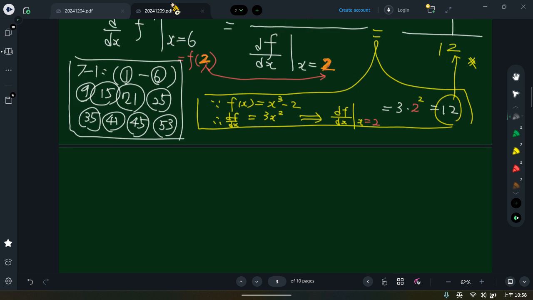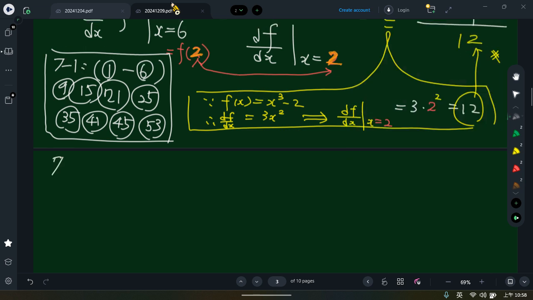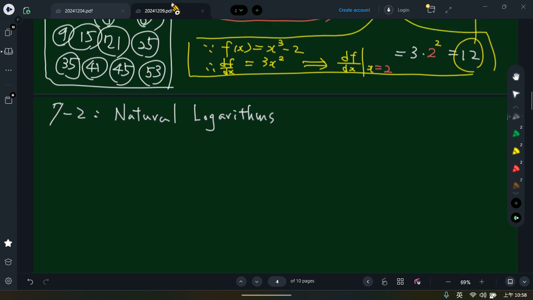Then we will move to section 2. We will talk about the natural logarithm. I believe maybe you didn't learn this before, and I'm not sure if you know this number, the constant e.